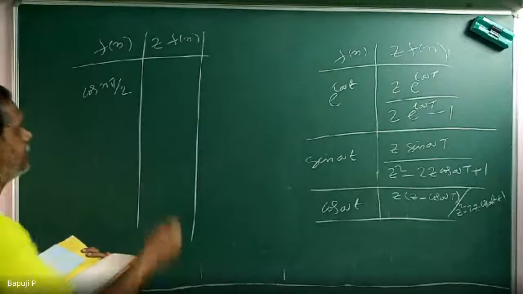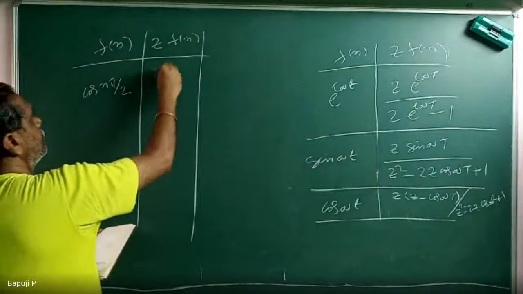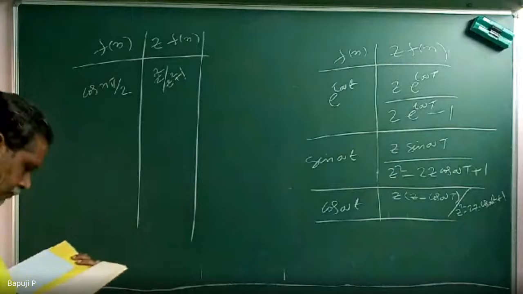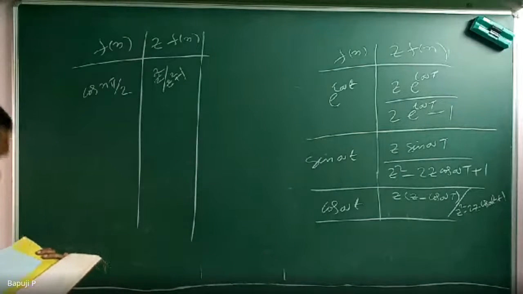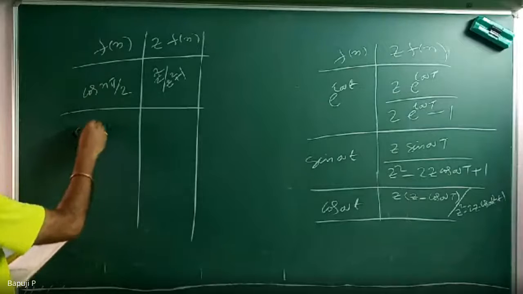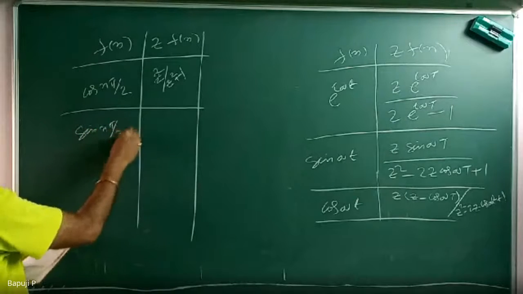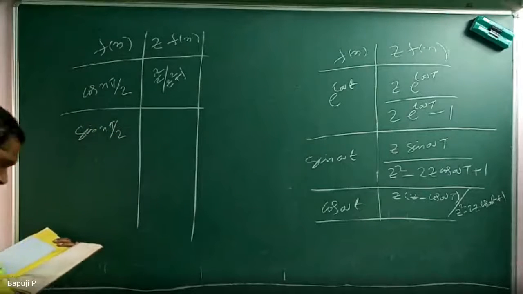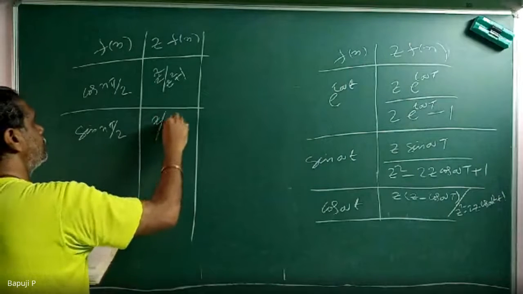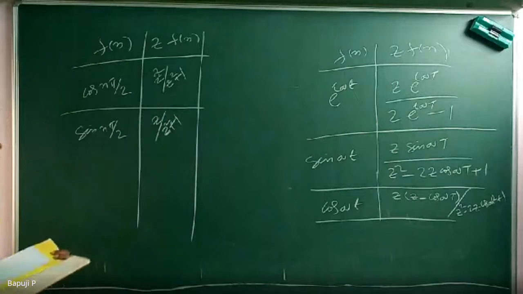Z square by Z square plus 1. Sin n pi by 2, I can write Z by Z square plus 1.